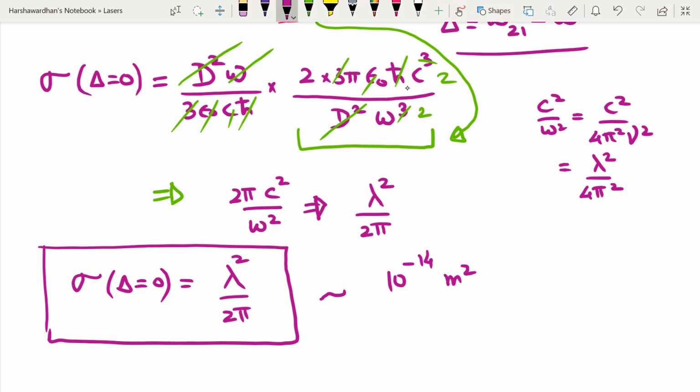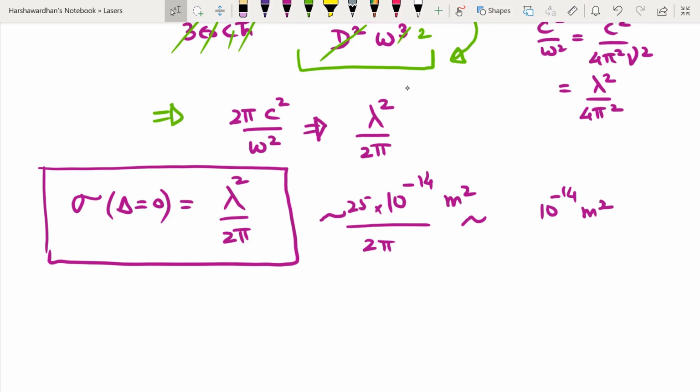Okay, so let's consider 500 nanometers. So this is 25, and what I have is 2 pi, which is sitting there. So this essentially is 10 power of minus 14 meters square.